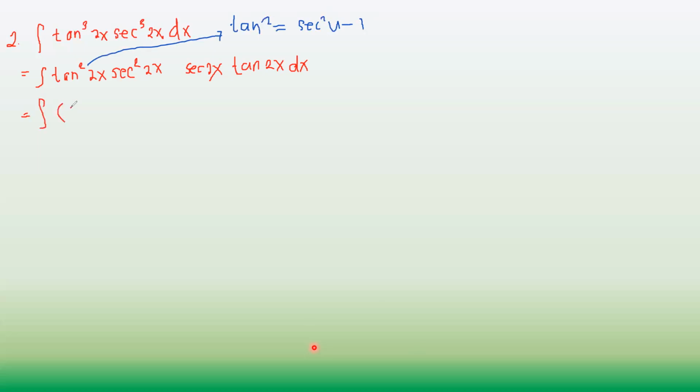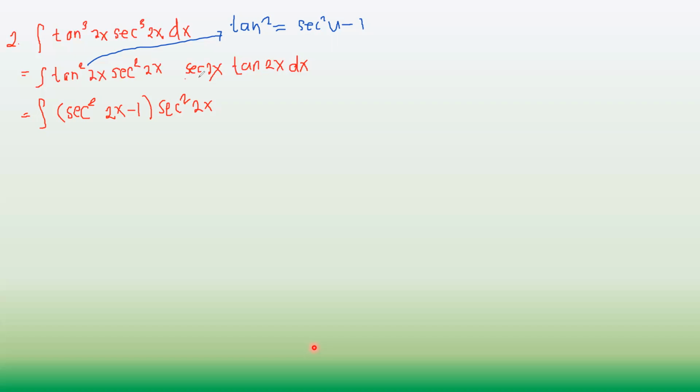Kaya magkakaroon ka ng secant squared 2x minus 1 times secant squared 2x. Kung babaguhin mo ulit, tangent squared na babaguhin natin dito. Kasi kailangan ito ay maging secant squared, maging secant para magamit mo itong binukod mo.